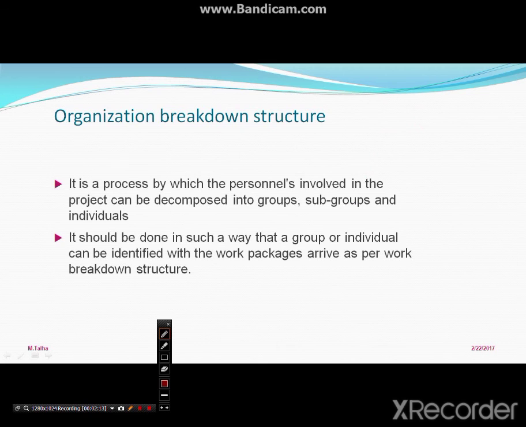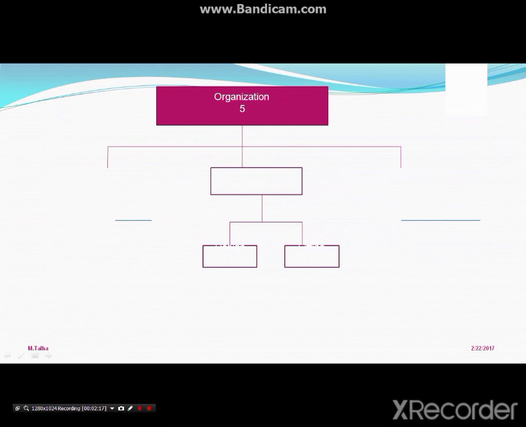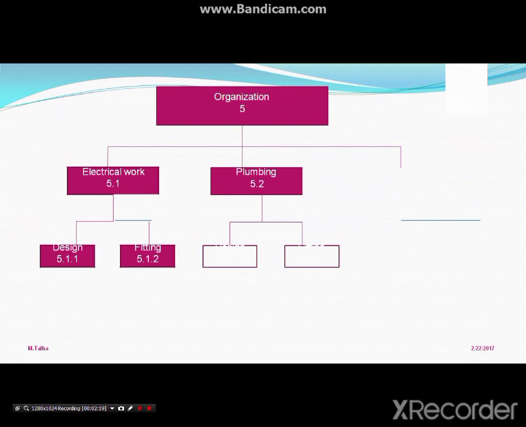Let us see how the organization structure will look. This is the way how the organization structure will look. Let's say we are taking the organization structure of a building, in which the first part will be electrical work, the second part will be plumbing. In the electrical work there will be design and fitting.